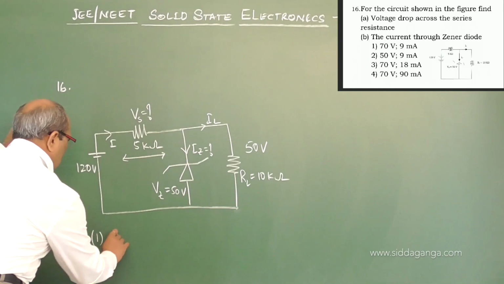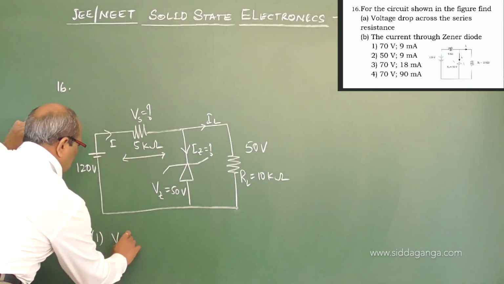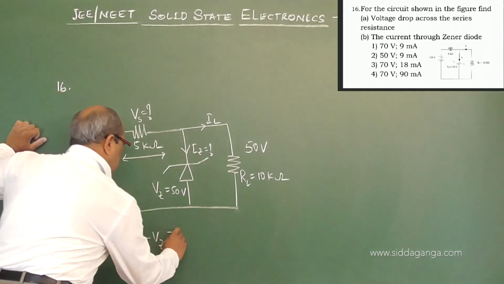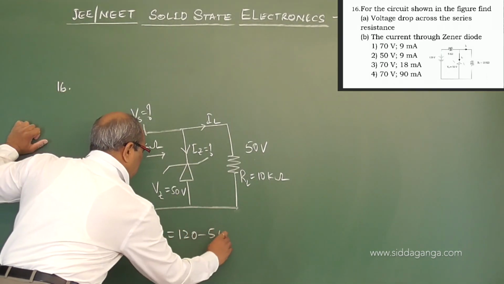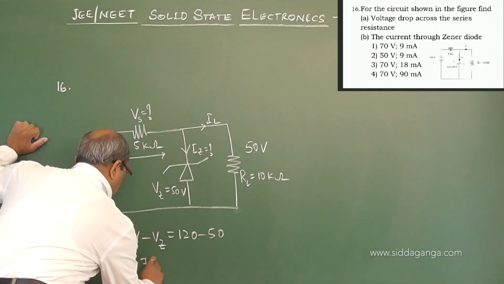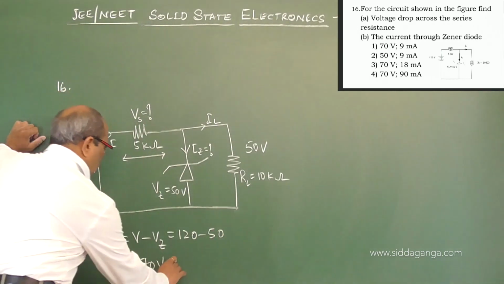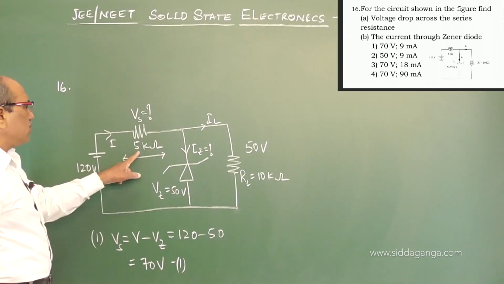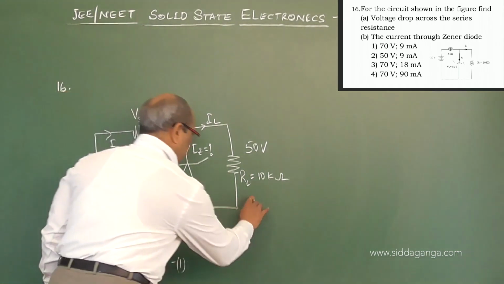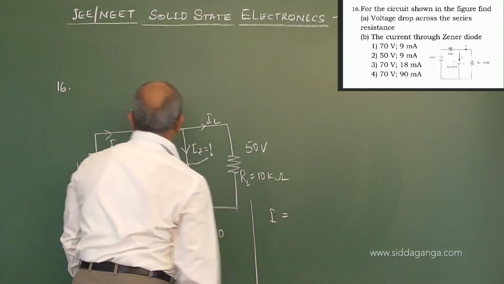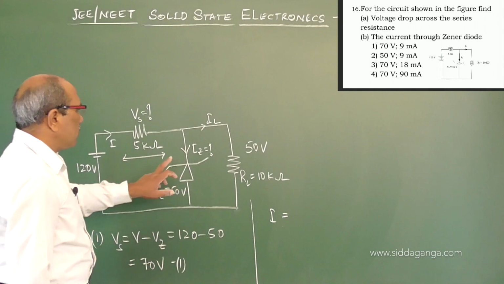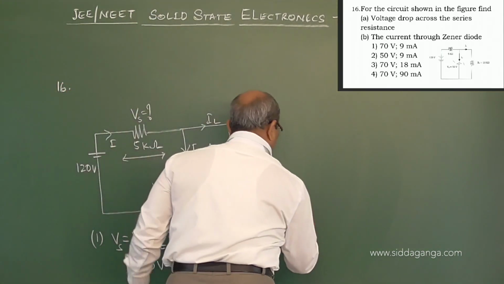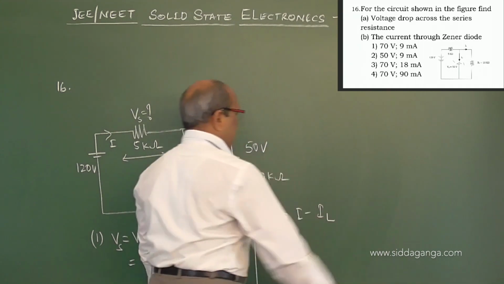In the first case, voltage across the series resistor is equal to input voltage minus Zener voltage. Input voltage is 120 minus 50, which is equal to 70 volt. That is the first answer. You know the resistance, which gives you the current in the second part. If you want the Zener current, IZ is equal to main current minus load current.